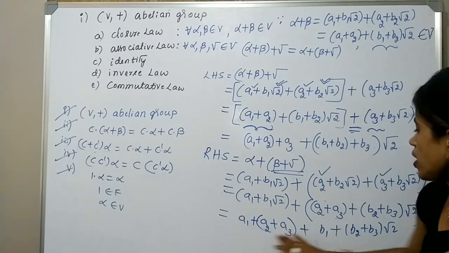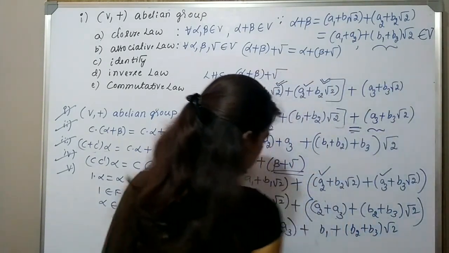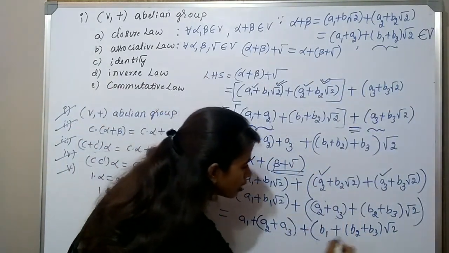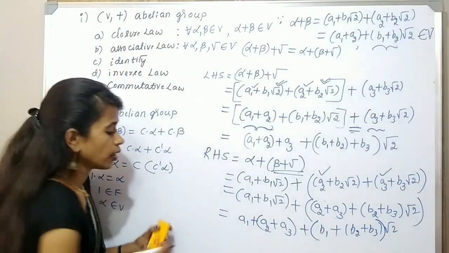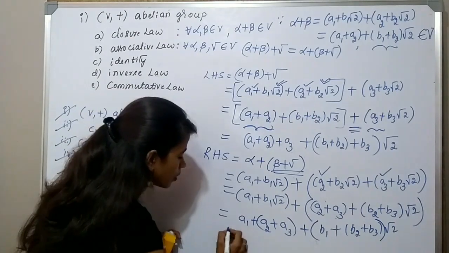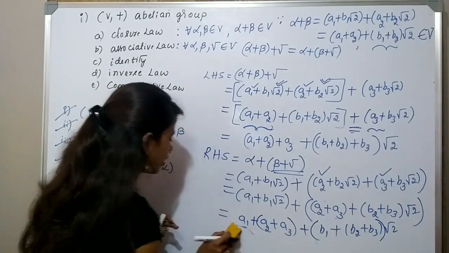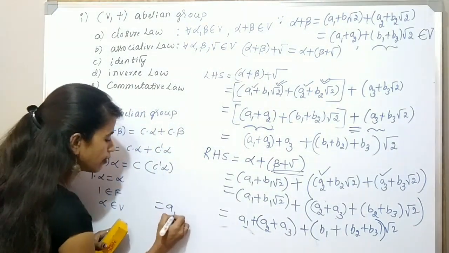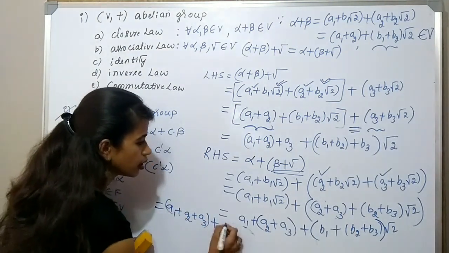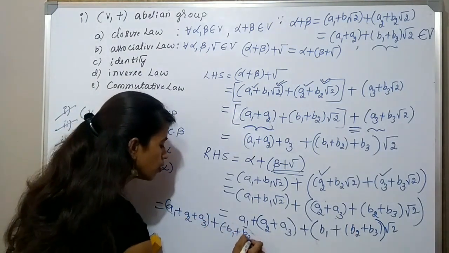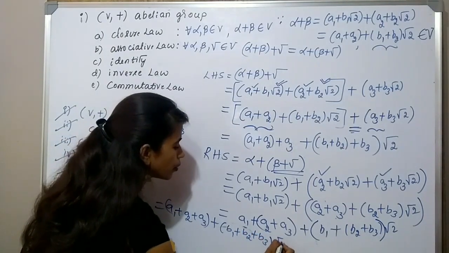Removing these brackets, we get A1 plus A2 plus A3 plus B1 plus B2 plus B3 into root 2.